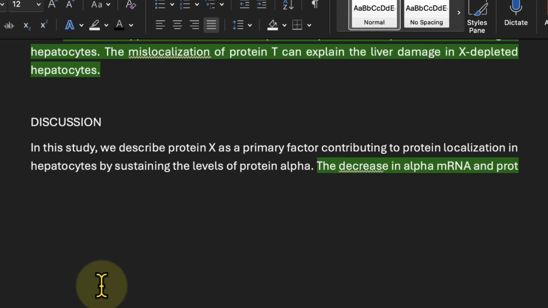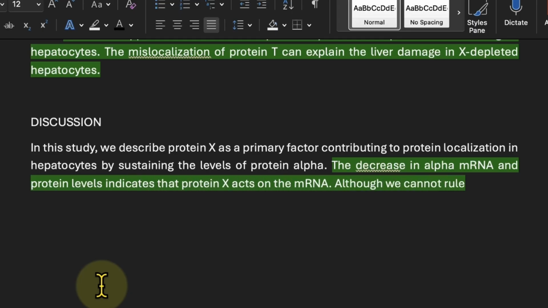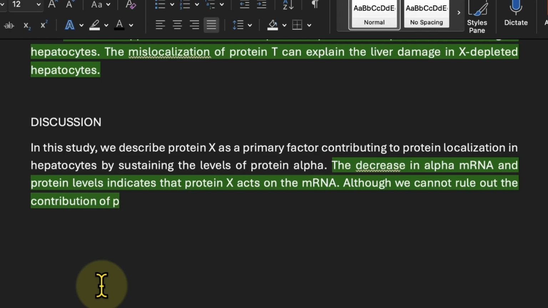And then we try to bring together the different results from the different sections. So we say the decrease in alpha mRNA and protein levels indicate that protein X acts on the mRNA, although we cannot rule out the contribution of protein X on the translation of transcript alpha.